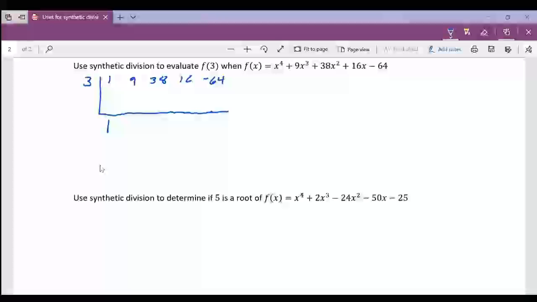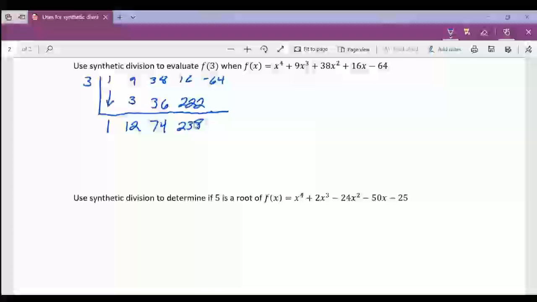Okay, we'll go ahead and bring down that 1, multiply, add, multiply, add, multiply, that's 222, add, multiply, that's going to give us 714, and then minus 64 is 650.